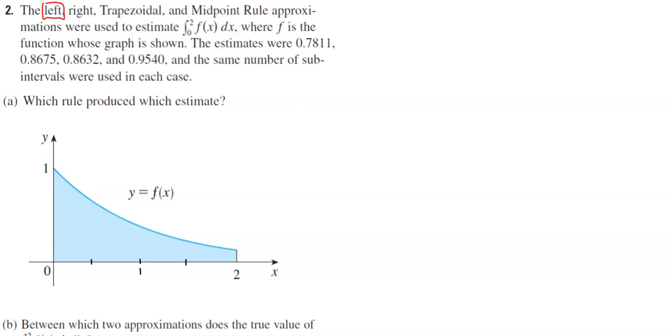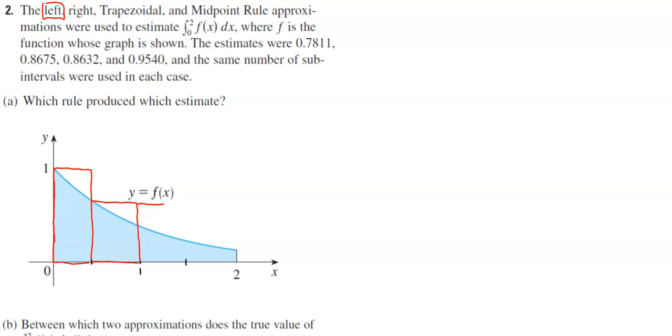Starting where the function starts, here at the top, we're going to create this first rectangle that represents the left. Then from here, we're going to go over to the next interval, and then the next one.